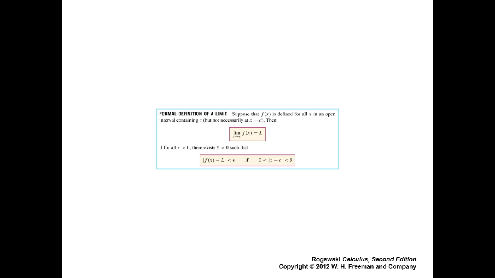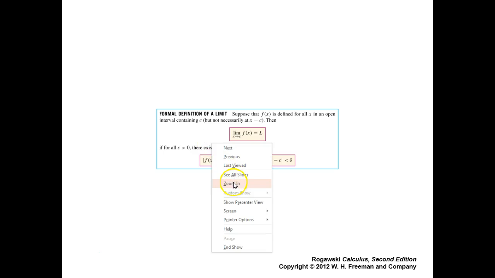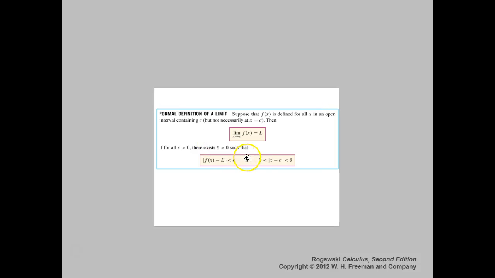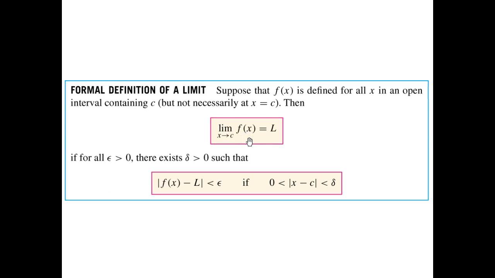Okay? So here is the formal definition of a limit. And again, boy, my professor made us know this. He didn't make us know it by heart, but you almost had to be able to sing it in your sleep, because this is what he did every time. Suppose you have a function, f of x, defined for all x on some open interval containing some number c, but it's not necessarily equal to c.